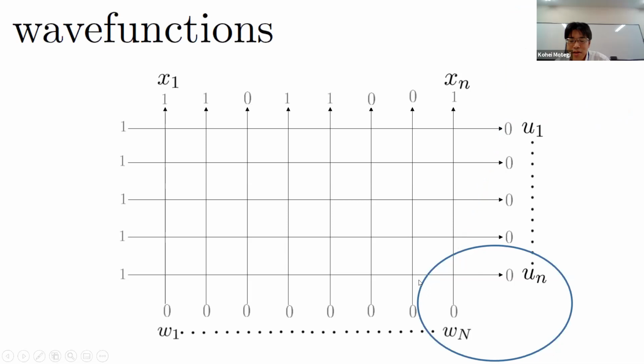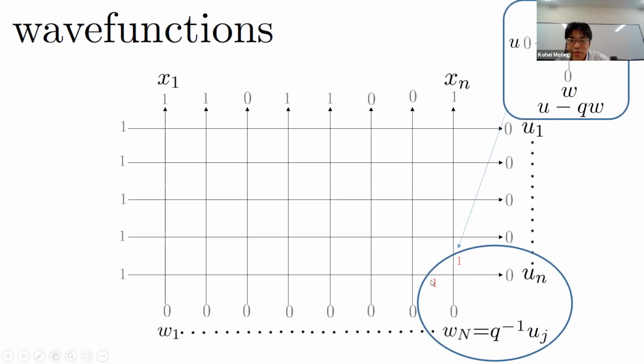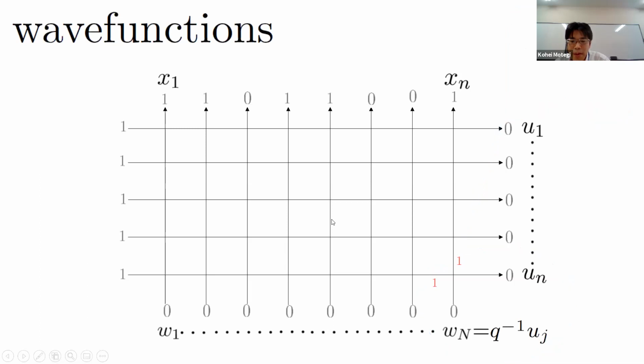So this bar should be 1 and this bar should be 1. Okay. And now if you look at this part, for example, then from the ice rule, this bar should be 0 and this part should be 1. And also if you look at this part, then this part should be 1 and this part should be 0.